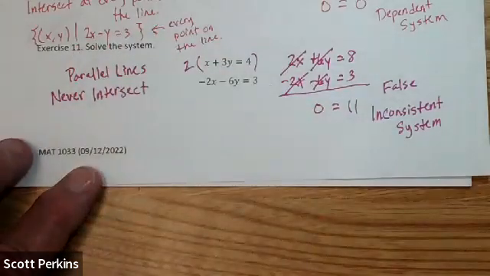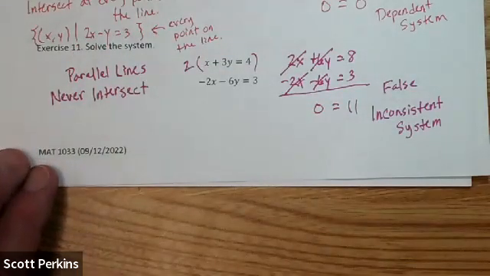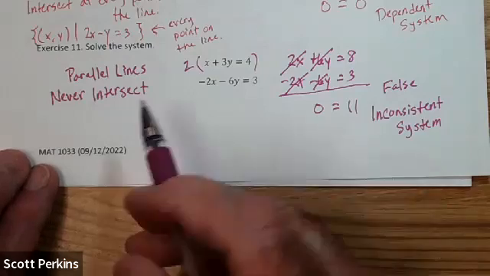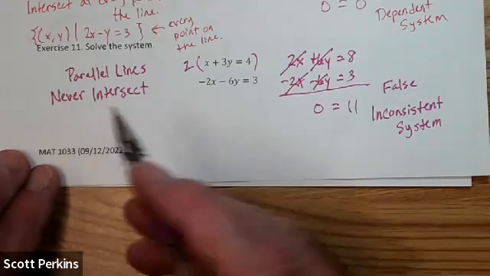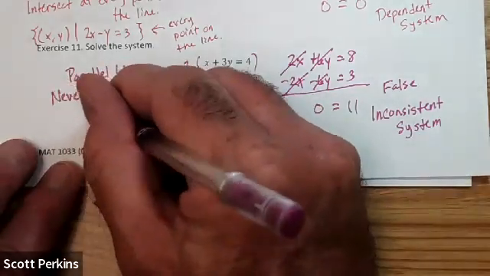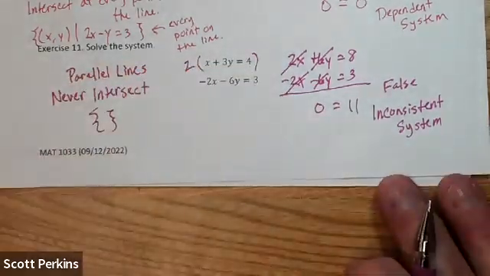They always stay the same distance apart, like train tracks, hopefully. So when I solve my system, if I'm looking for where the two lines intersect, and I've got parallel lines that never intersect, then the solution is the empty set. There's no solution for that system.